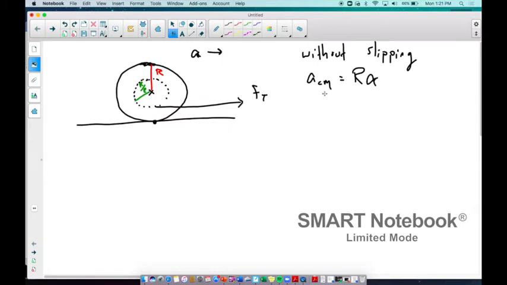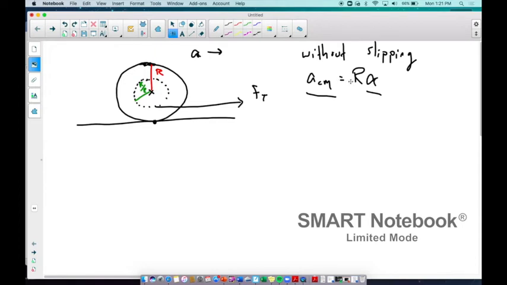All right. In other words, the acceleration translationally of the center of mass, or of the whole body itself, is going to be related to the angular acceleration. So if the acceleration is to the right, going this way, I know, therefore, that the rotational acceleration must correspond to that. They have to have the same sign.